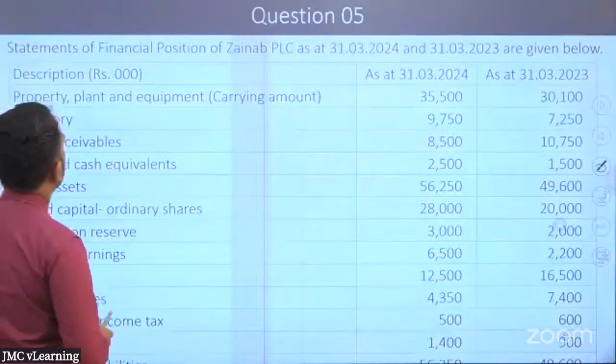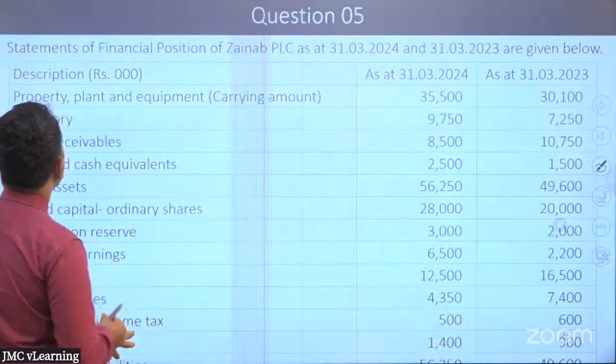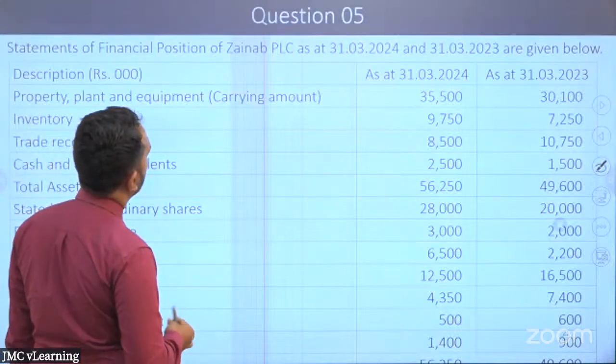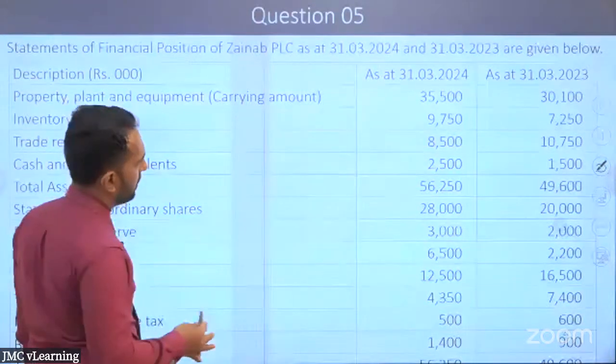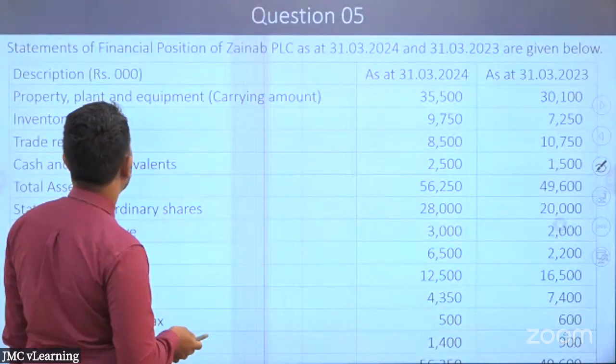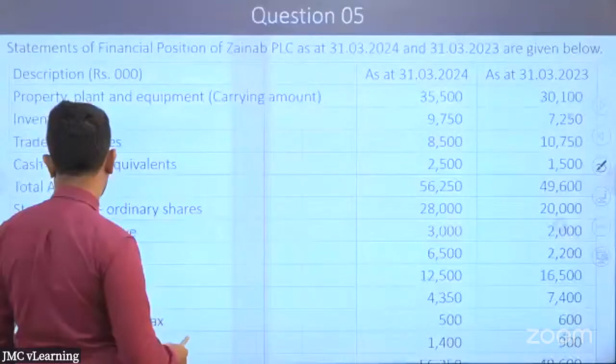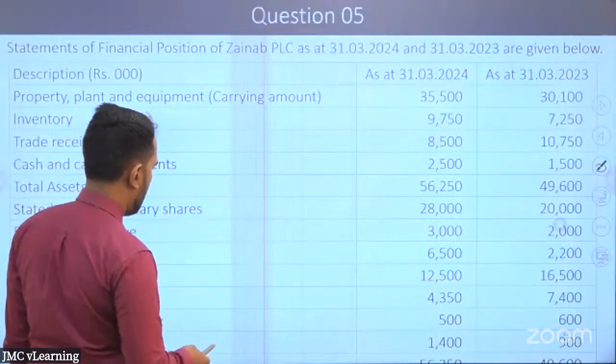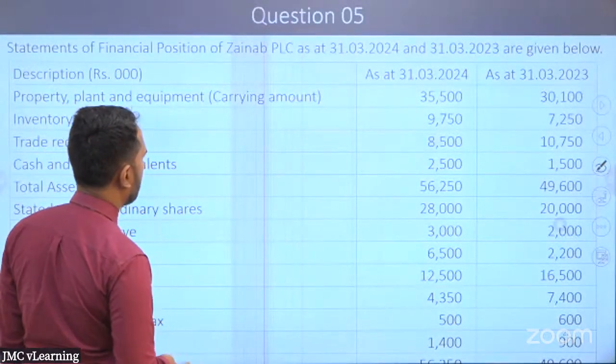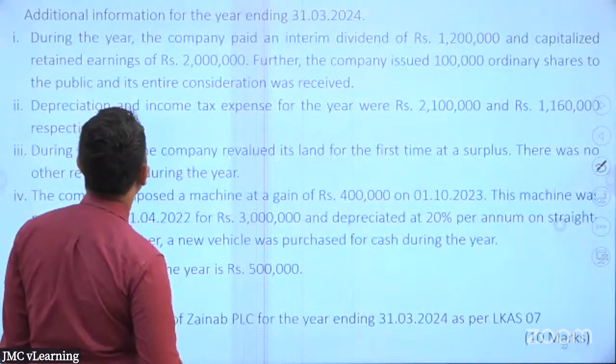Let me look at the question from the beginning. The statement of financial position of Zainab PLC as at 31st of March is given to you. You have the PPE, inventory, this and that, right? Let me move on to the additional info.